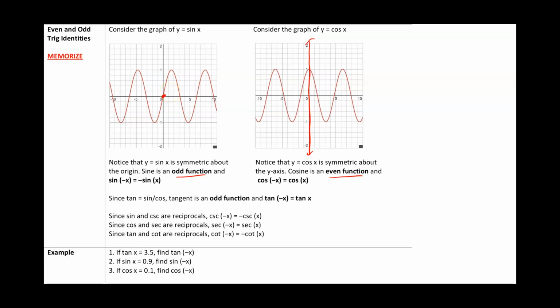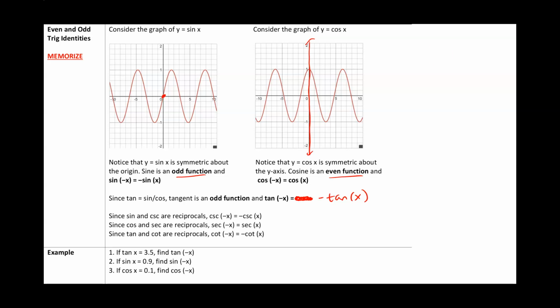So by definition, sine of negative x will equal negative sine of x, and cosine of negative x will just equal cosine of positive x. And then since tangent is sine over cosine, tangent is going to be an odd function. So tangent of negative x equals, and again, there's another typo, I apologize, equals negative tangent of x. So please make sure you fix that in your notes.